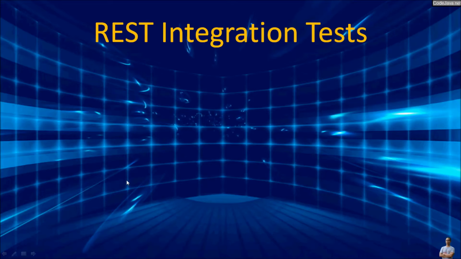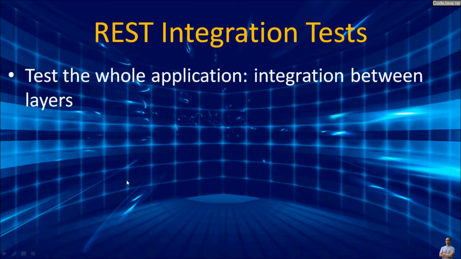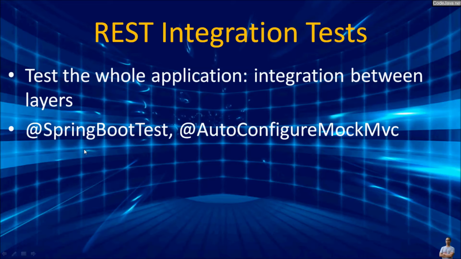Next, let's come to the second type of test, integration tests for the RESTful web services. We test the whole application to test the integration between layers. And specifically, we test the RESTful web service APIs. And for this, we need to use a Spring Boot test to test the whole application.